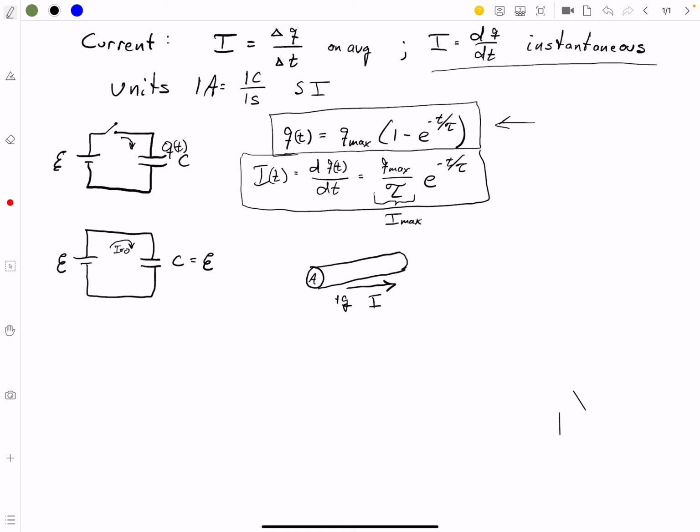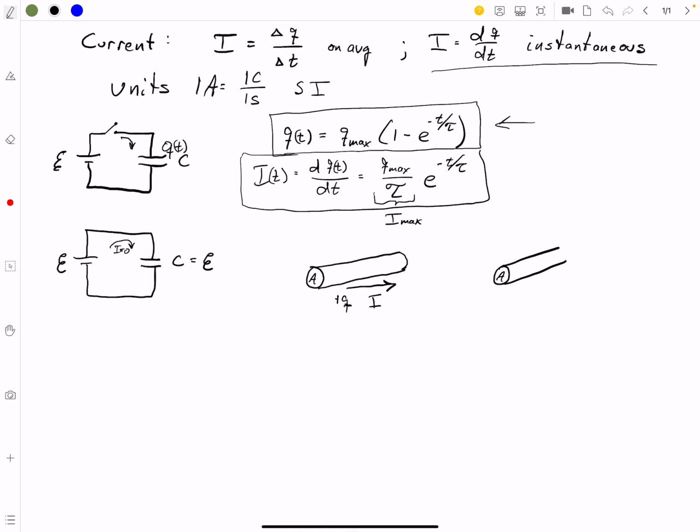That's our flow of current, because the positive is what Benjamin Franklin decided would be the current. Okay, so we've got our current going. It's got our positive Q, and let's make that a real Q.